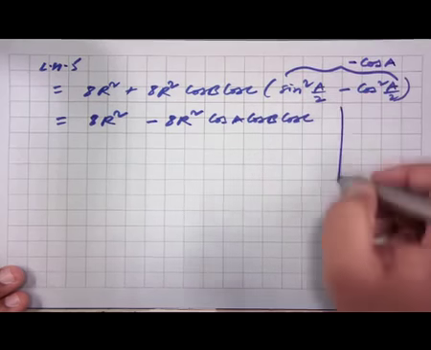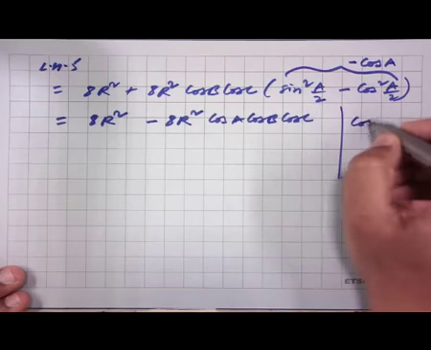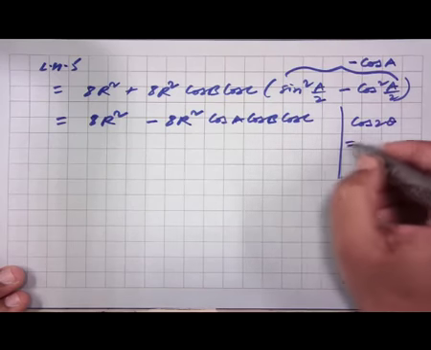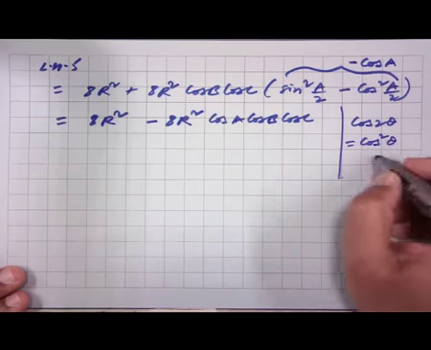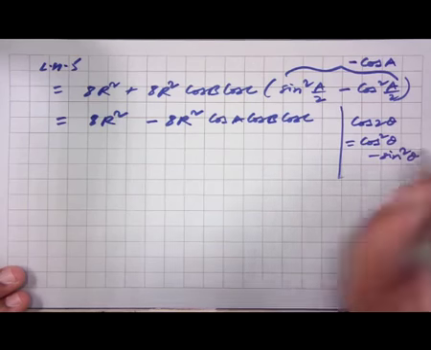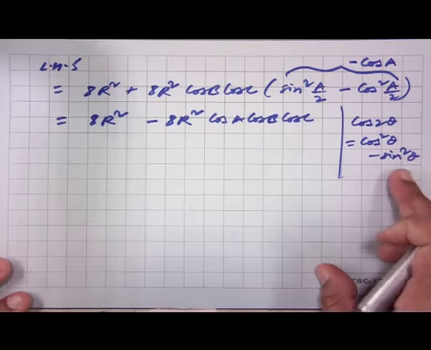So for this we have used the formula that cos 2 theta is cos square theta minus sin square theta, with theta equal to a by 2.